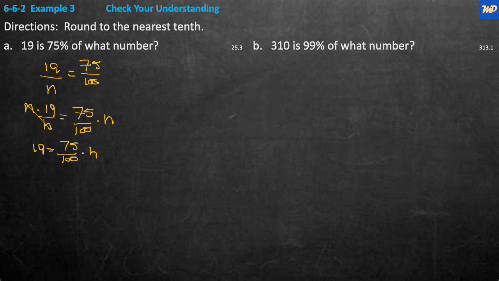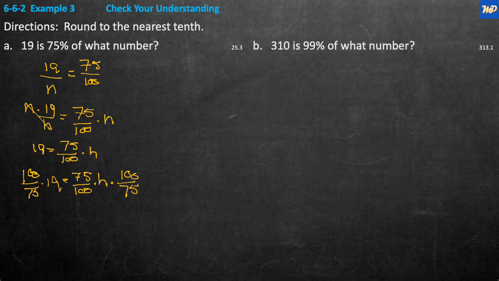I'm going to write it right here: 100 over 75 times 19 is equal to 75 over 100 n times 100 over 75. So the 100 over 75 is the reciprocal of our 75 over 100, and then we multiply both sides by that.